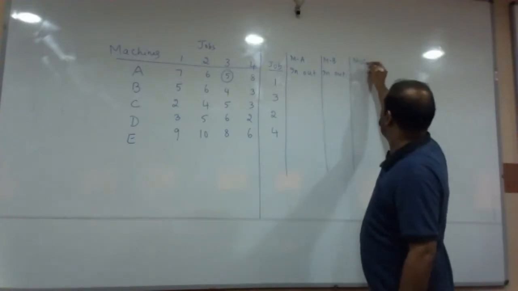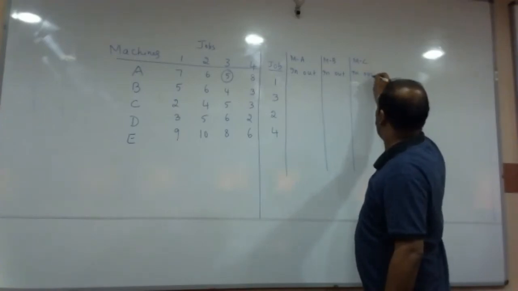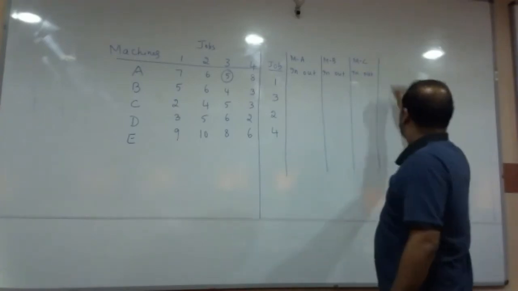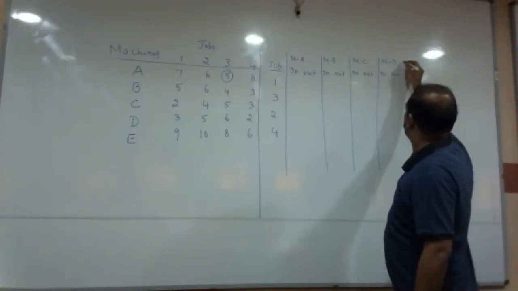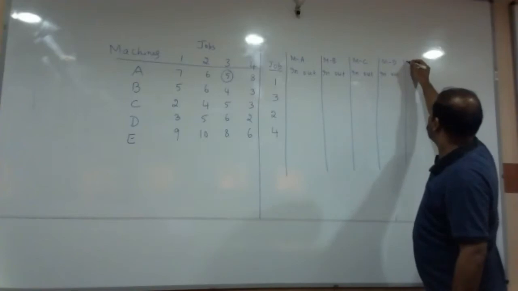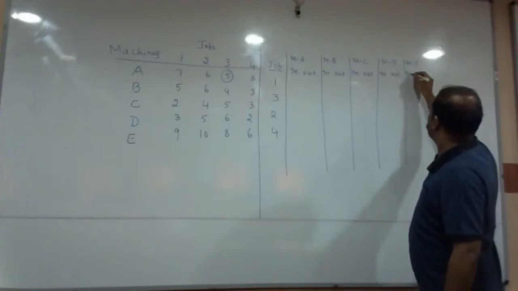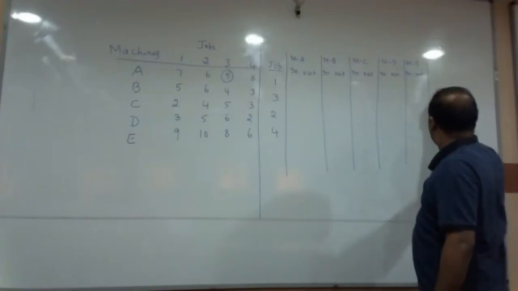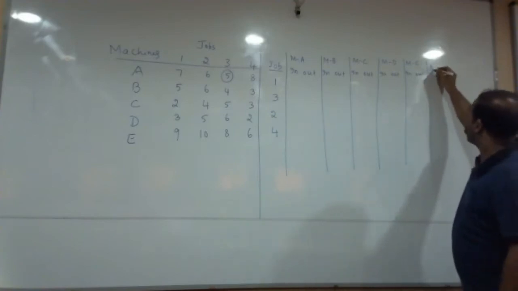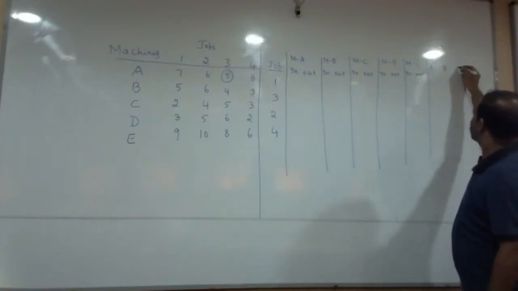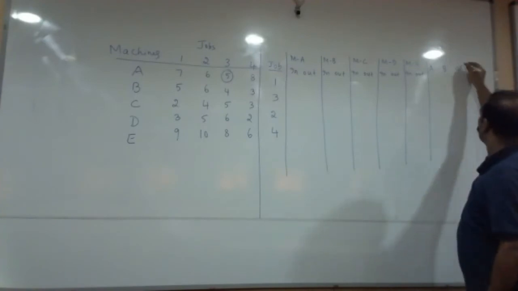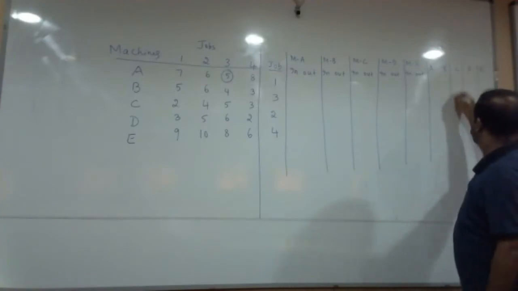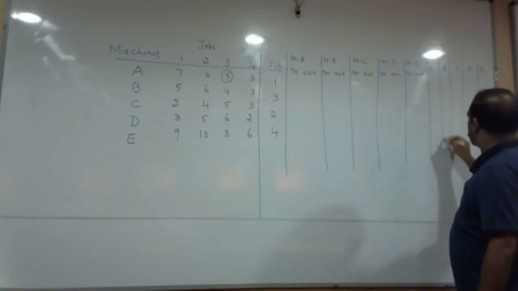Machine C, in, out. Machine D, in, out. Machine E, in, out. And finally, the idle time for A, B, C, D, and E. So 5 columns will come here also because we are supposed to calculate the idle time for 5 machines.